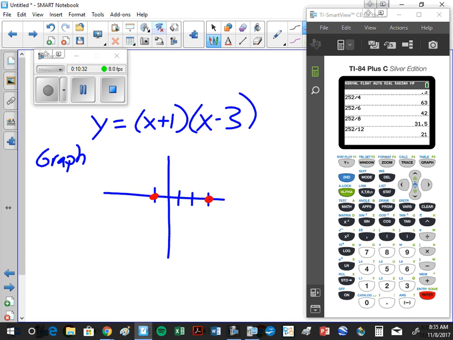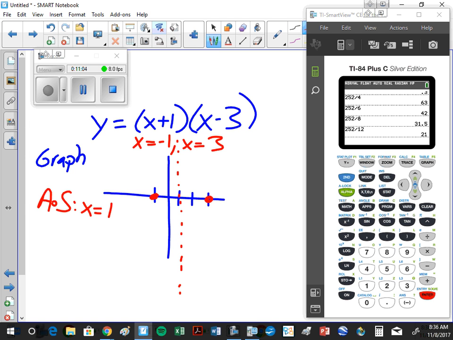So in order to find the vertex, I need the axis of symmetry. How do I find the axis of symmetry? Well, I have the roots x equals -1 and x equals 3. Add those together. 3 minus 1 is 2. Take that 2 and cut it in half, and I get 1. So the axis of symmetry is right here. The AOS is x equals 1.